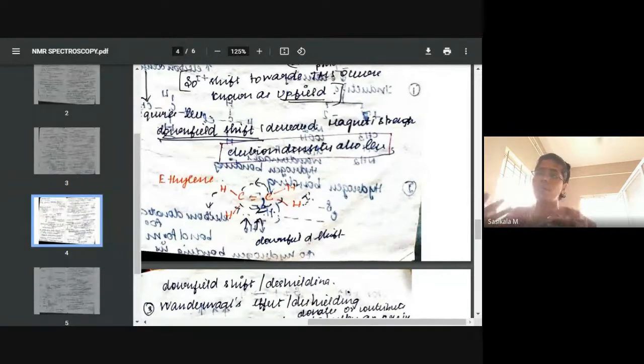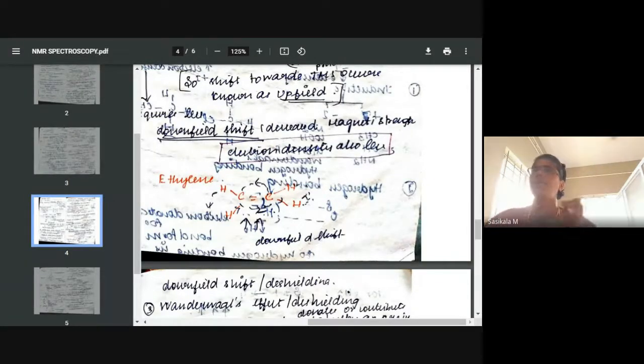If more electrons are around the nucleus, the diamagnetic field strength is greater, so we need to apply more external magnetic field to overcome it. Towards the downfield shift, less magnetic strength is required, and there is less electron density around the proton.